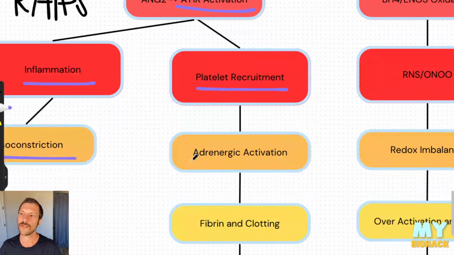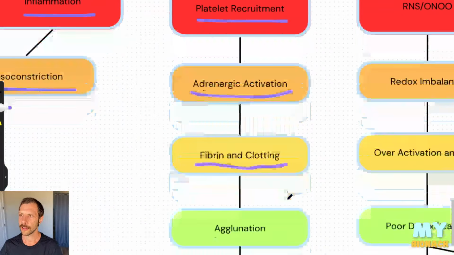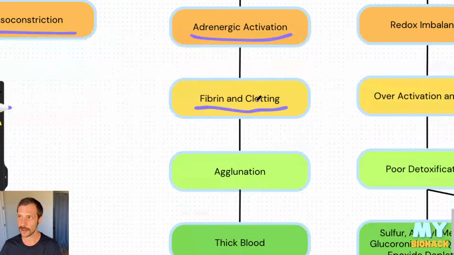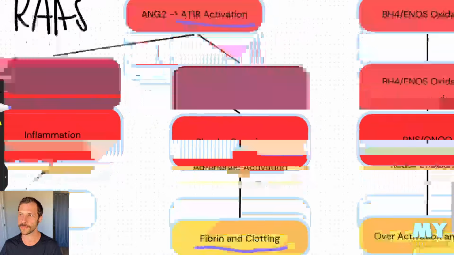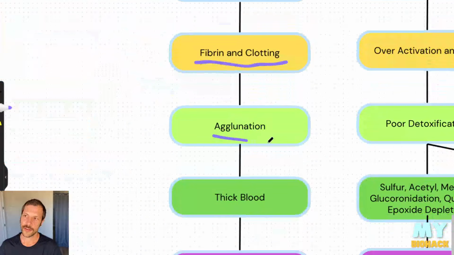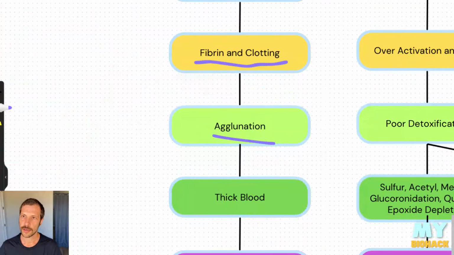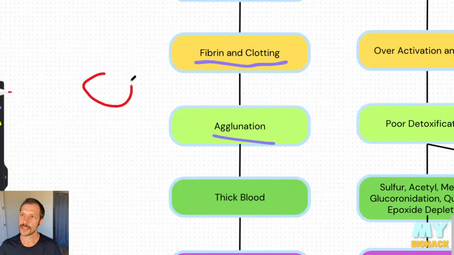That causes adrenergic activation, fibrin, and clotting, which is good. This fibrin clotting part is good, but it's too much because you've lost this up here. And then you get agglutination. Agglutination is essentially when red blood cells get stuck on top of each other.